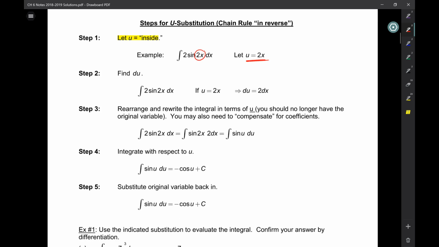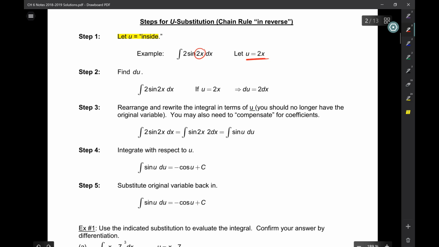later. Now, once you determine what u equals, then you have to find du. So here we said, okay, u is 2x. Okay? This is what we're integrating. So if u is 2x, then du dx is equal to how much? 2.